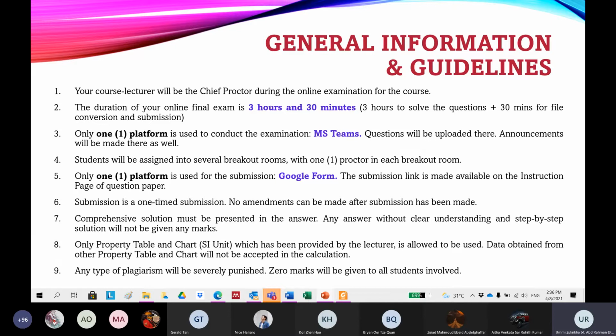Students will be assigned into several breakout rooms. After this, we're going to try to conduct a test run. The exam center helps the lecturer by providing one proctor for one breakout room.